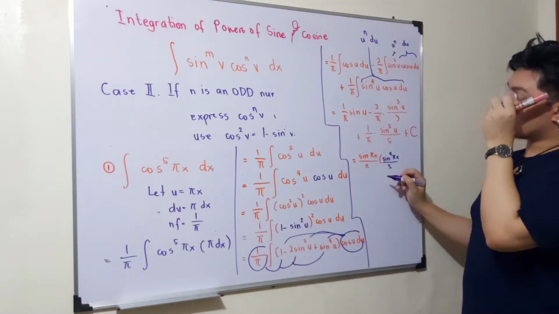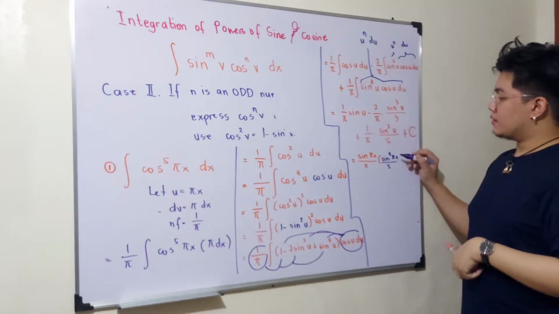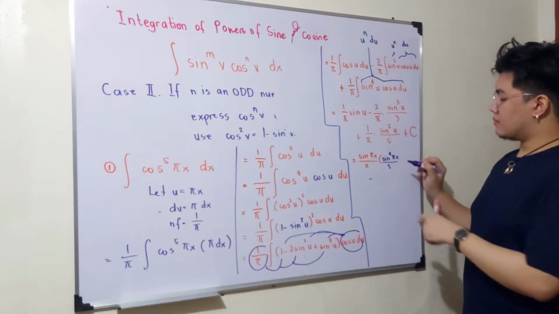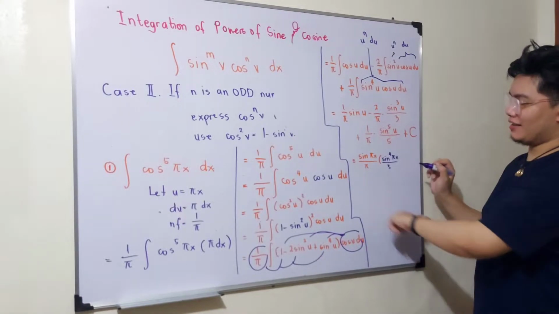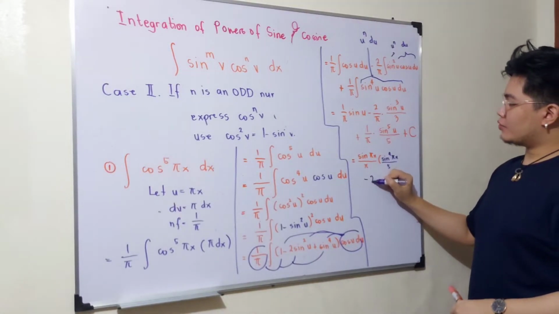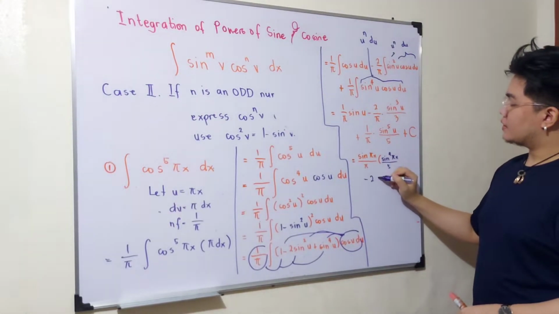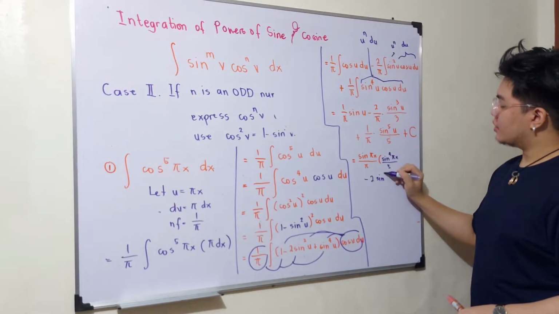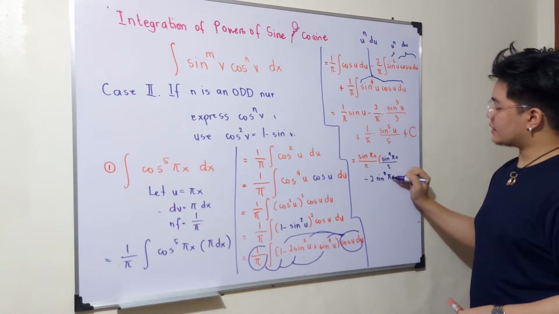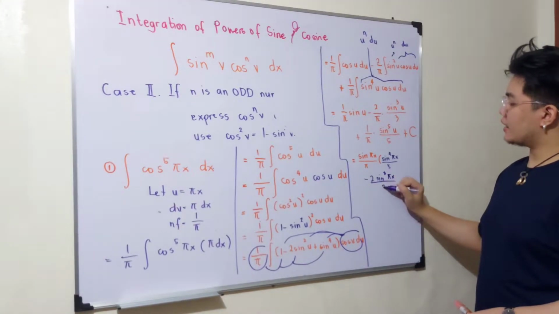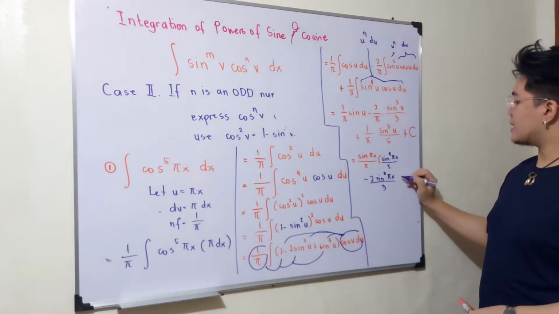Tapos, pinakasya. Minus 2 sine cube pi x over 3, and then for this one, plus 1.